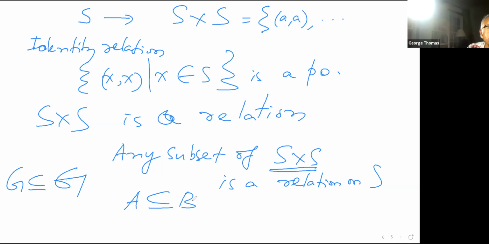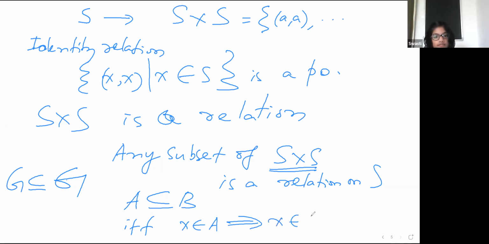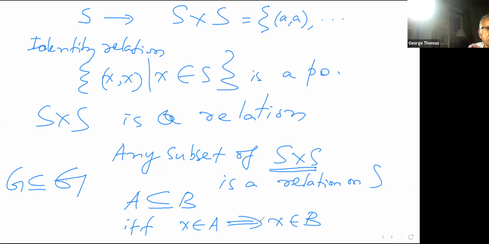A is a subset of B if and only if X contained in A implies X contained in B. People who live in Mumbai are people who live in India. This set of people who live in Mumbai is a subset of the people who live in India. Agreed? Yes. X contained in A implies X contained in B.